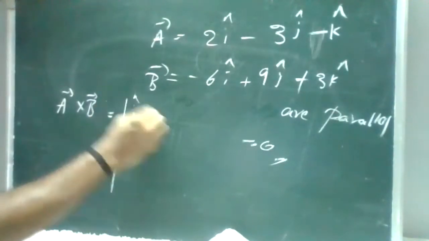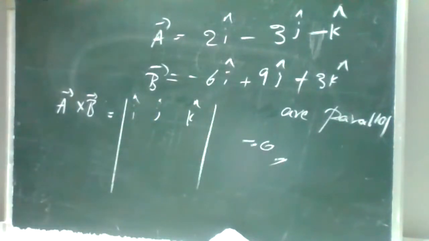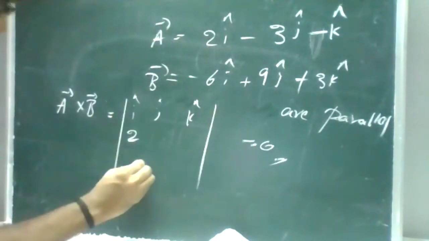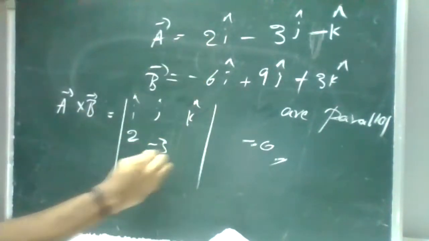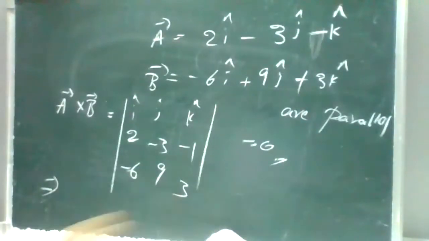It is i cap, j cap, k cap in the first row, then 2, minus 3, minus 1, and minus 6, 9, 3. Sorry, it is 0. So if you are getting 0, it is your parallel one. Do it. Suppose you have any doubt, please let me know.